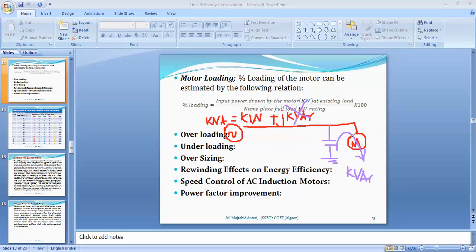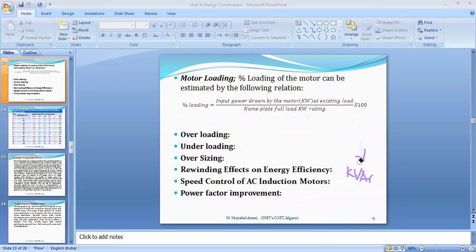So what would be the capacity of the capacitor to be connected? It depends upon the motor size as well as the speed of the motor. So now we will see that. I think it is quite clear from this diagram what the advantage is.